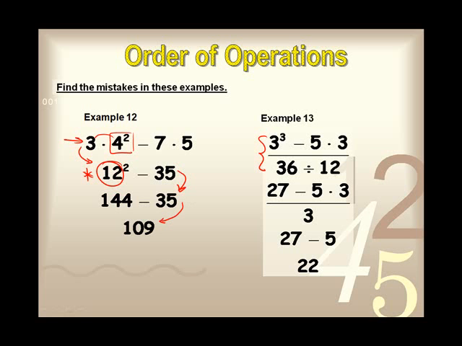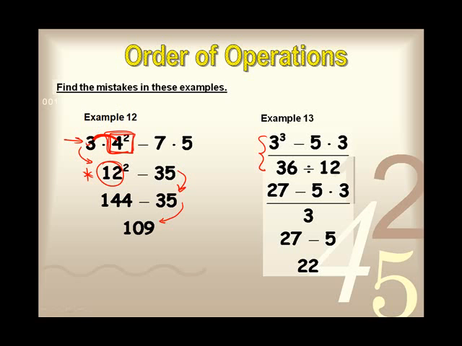Well, is 144 minus 35 109? It is, so they did not make any mistakes. So the only mistake they made right here was they should not have multiplied the 3 and the 4 together. They should have first calculated the 4 squared and then multiplied 4 squared by 3.